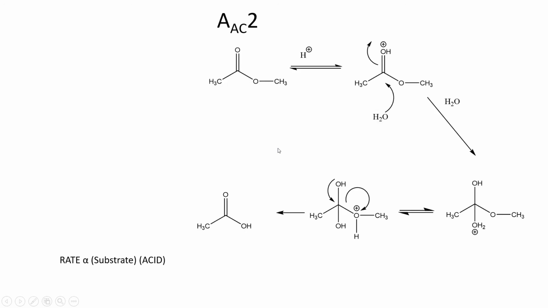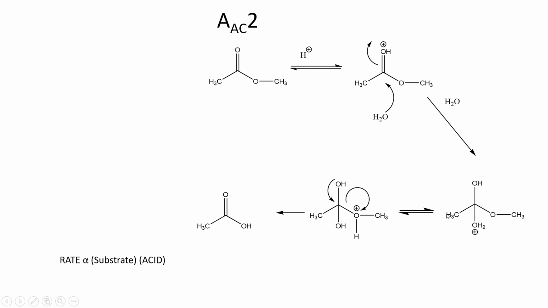Now see the AAC2 mechanism. Here first H plus, that is acid, is attracted by this oxygen. After that water addition, and the RDS step is this one, where the rate depends on acid as well as substrate.